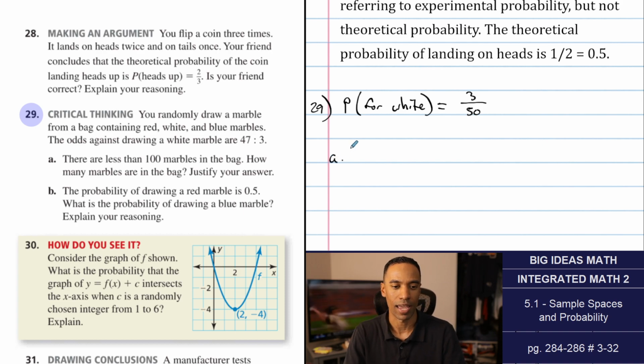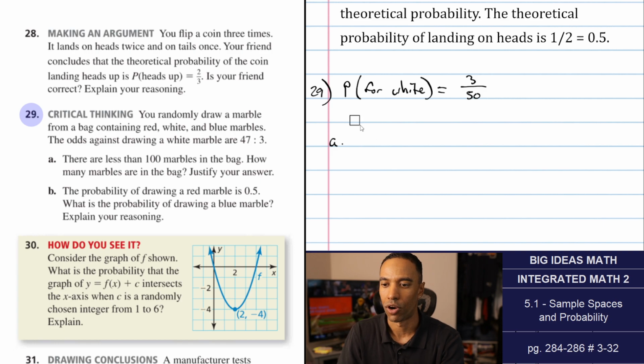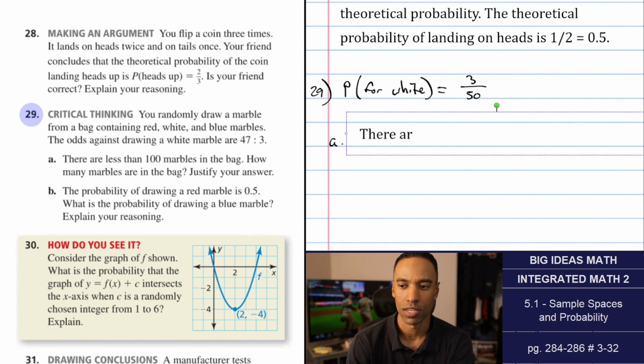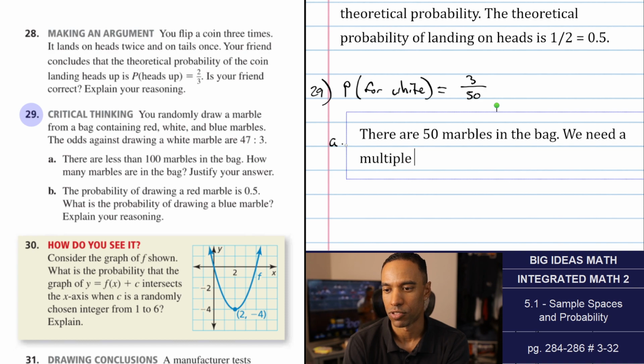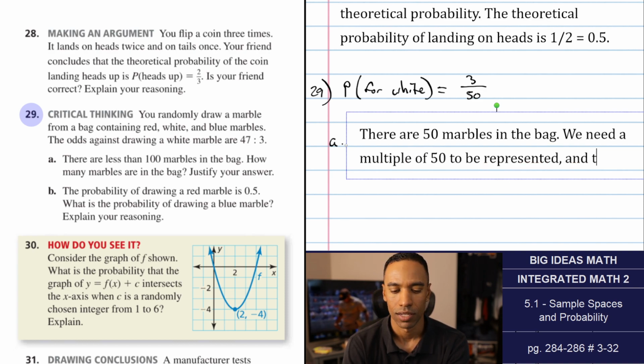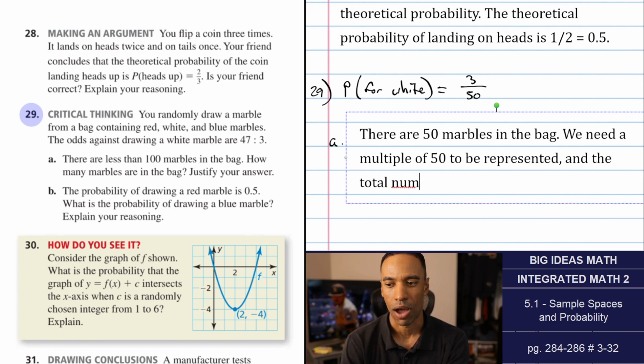So for part A, there are less than 100 marbles in the bag. How many marbles are in the bag? Justify your answer. There are 50 marbles in the bag. We need a multiple of 50 to be represented in the total outcomes.